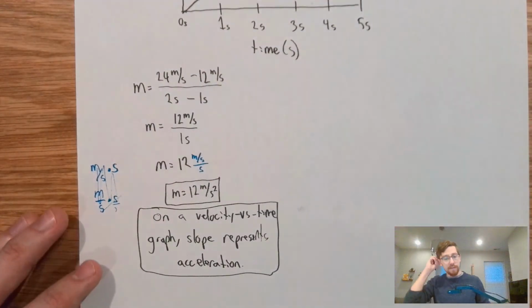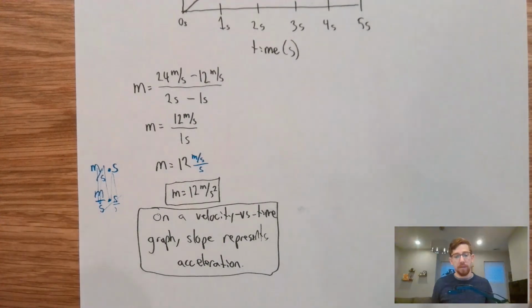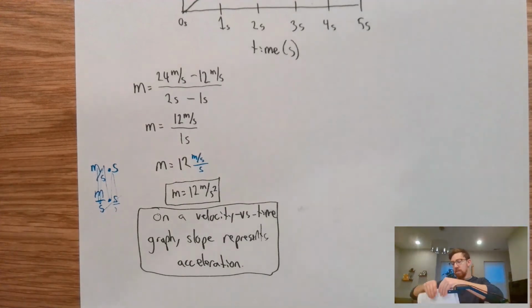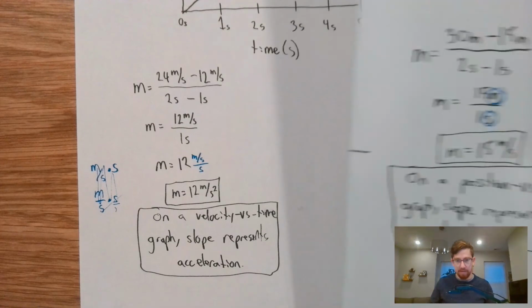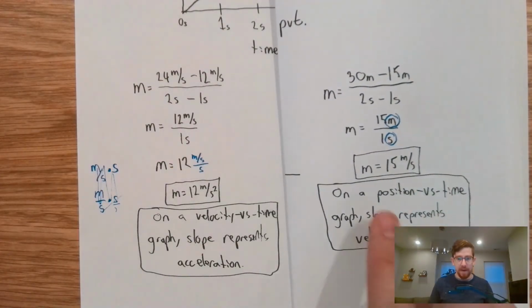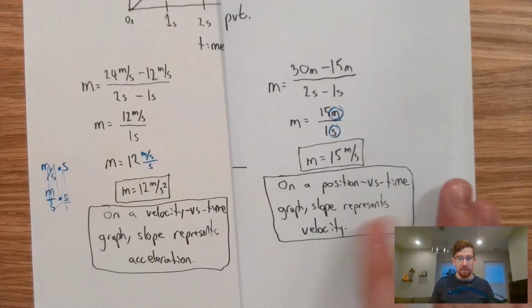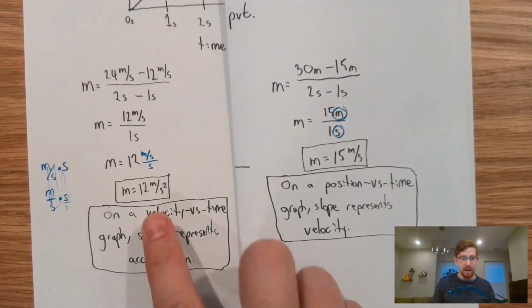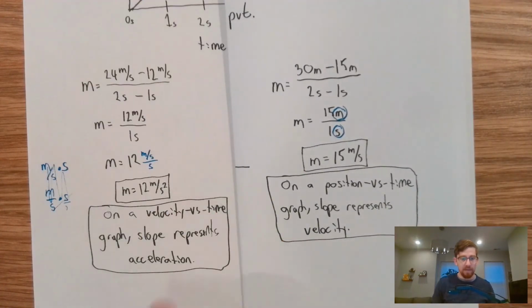On a velocity versus time graph, slope represents acceleration. So let's hold that in contrast to our previous graph. Here's what we wrote down for the last graph. On a position versus time graph, slope represents velocity, but on a velocity versus time graph, slope represents acceleration.